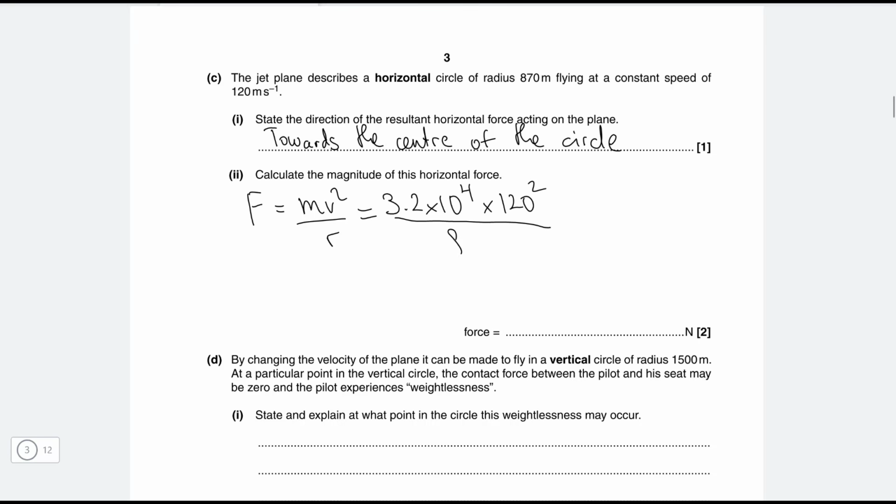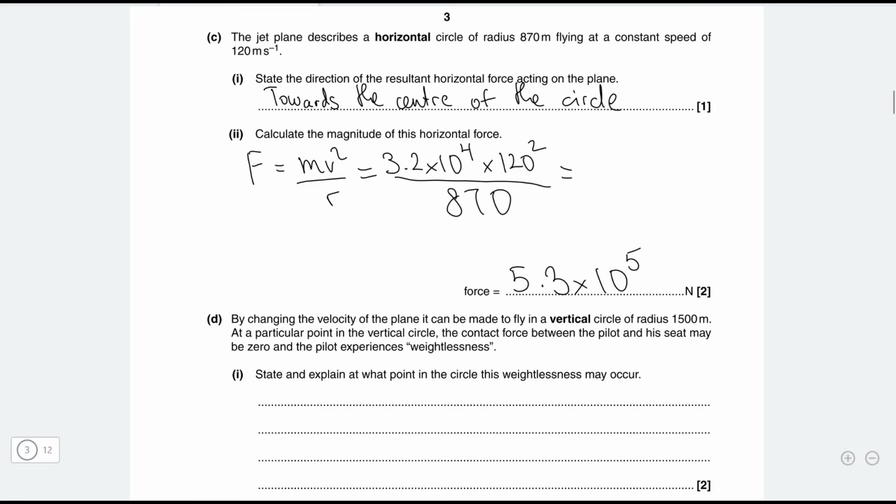Let's divide that by 870, and plugging that into a calculator, up to 2 sig figs, we're going to get about 5.3 multiplied by 10 to the power 5 newtons.